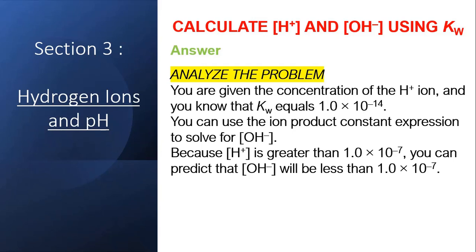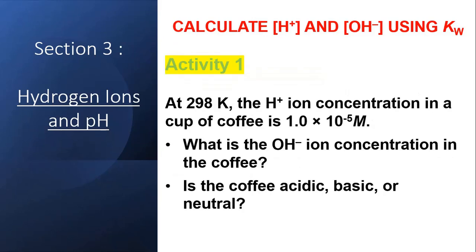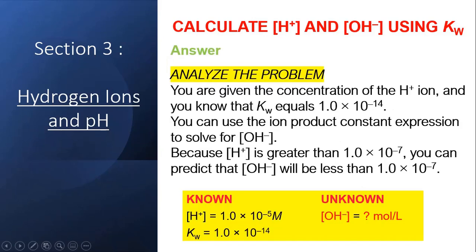So you can predict that the concentration of OH negative should be less than 1 times 10 to the power negative 7, which means you will have more H positive. This is why we will consider this as acidic.